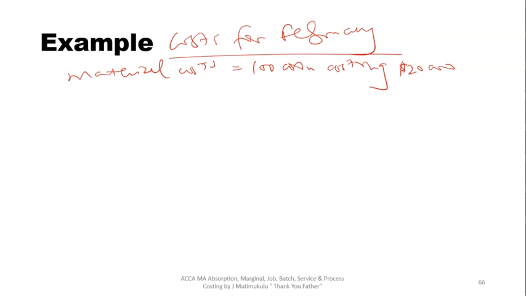All right, and then we had labor costs, which were costing about $10,000, and then overheads were costing $5,000. Our output was 100,000 units.